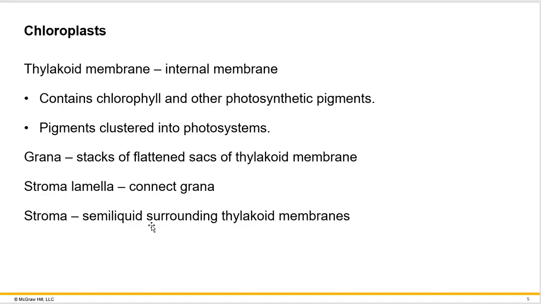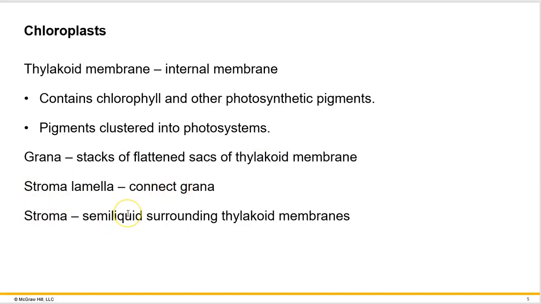Well, in land plants, photosynthesis happens in chloroplasts, and chloroplasts have a thylakoid membrane, this internal membrane that contains the chlorophyll and other pigments. They have grana, which are these stacks of flattened thylakoid membranes. There's these little things called stroma lamella that connect those grana together.